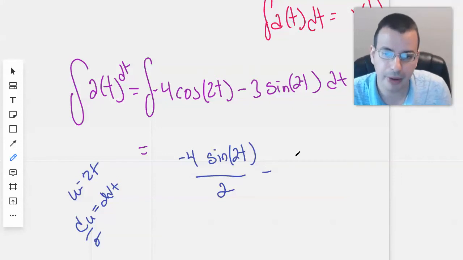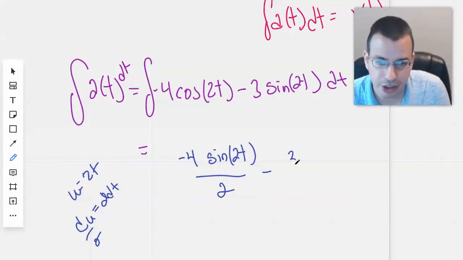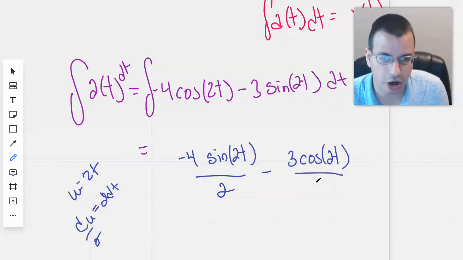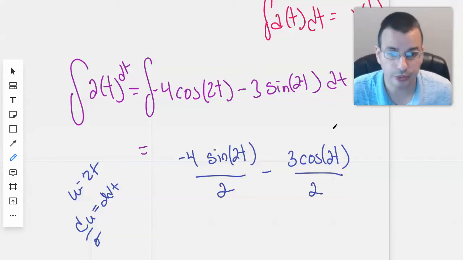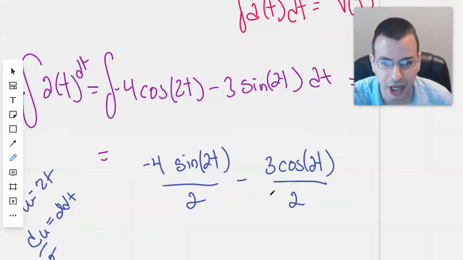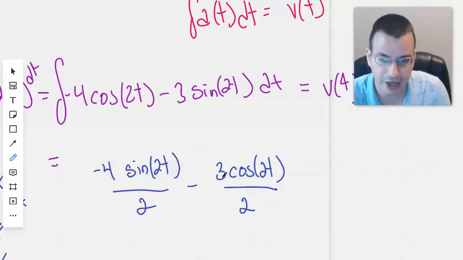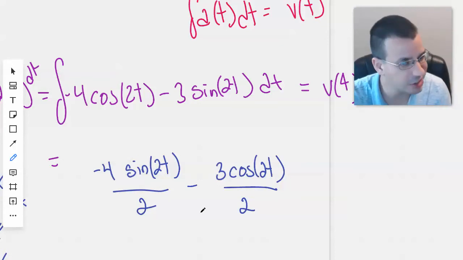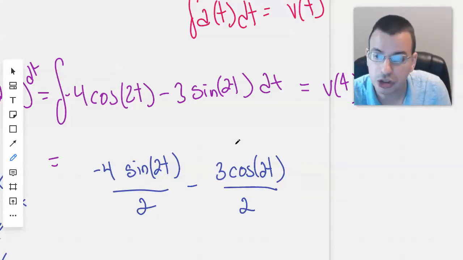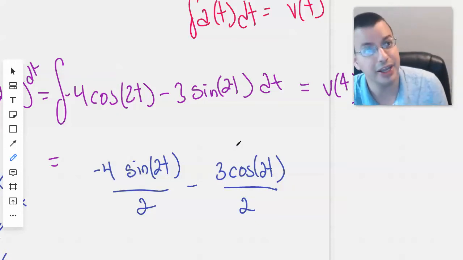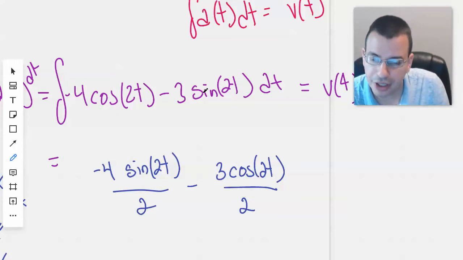Minus, then this will be 3 cosine of 2t all over 2. Now this one's probably going to be the opposite, and right now I'm just looking at the sign. Is it positive or negative? The derivative of cosine is negative sine, so the sign will flip, and we should have an opposite sign between these two.